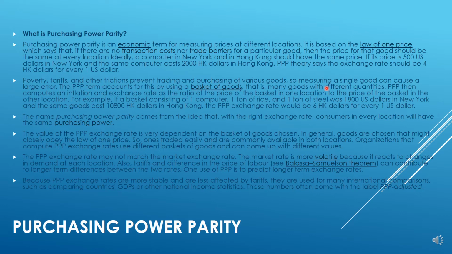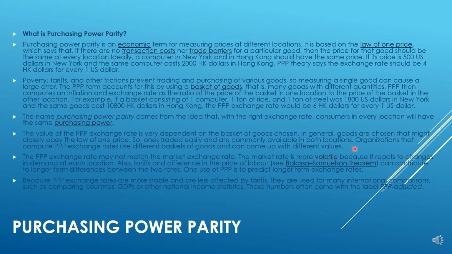The name purchasing power parity comes from the idea that with the right exchange rate, consumers in every location will have the same purchasing power. The value of the purchasing power parity exchange rate is very dependent on the basket of goods chosen.